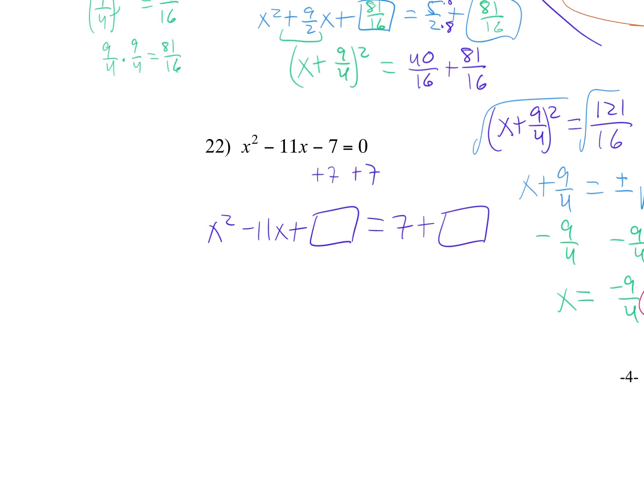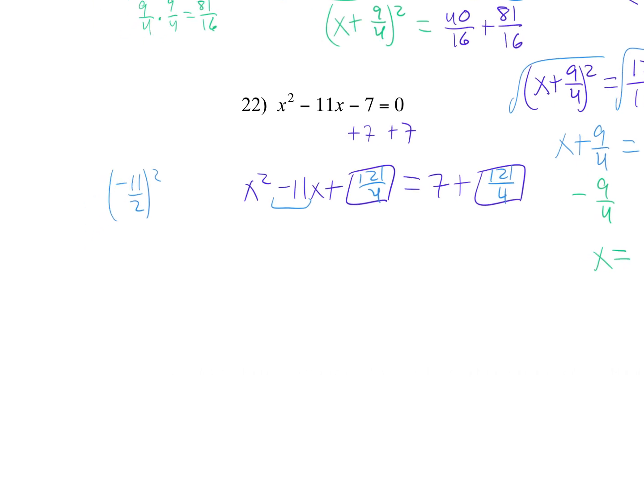But we do get a fraction here, because when we divide our b term by 2, we get negative 11 divided by 2. And then when we square that, we're going to get 121 over 4.